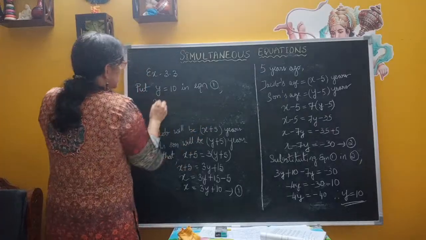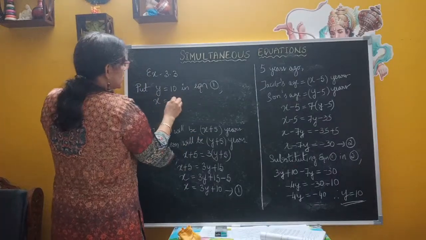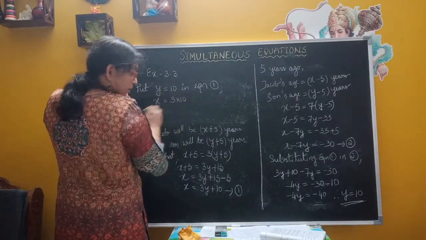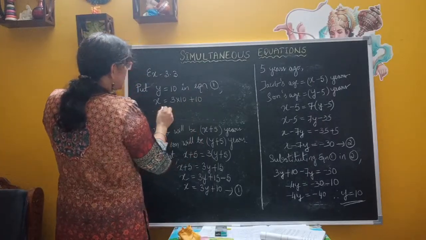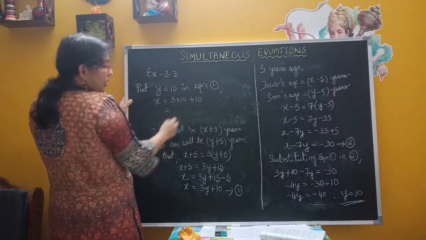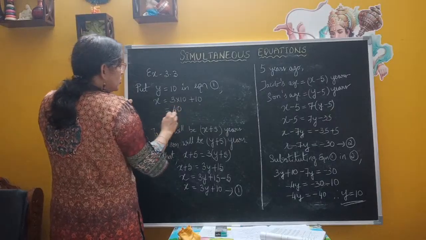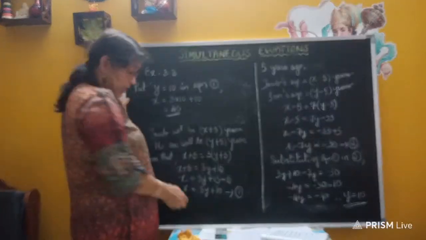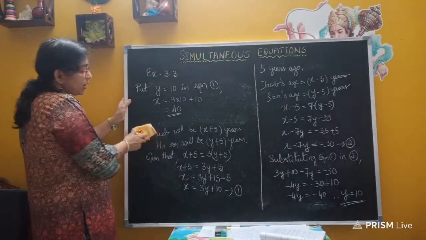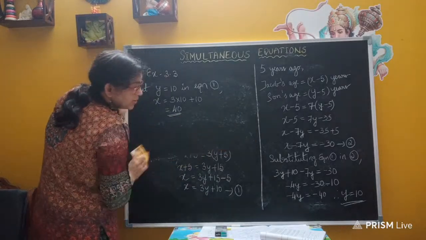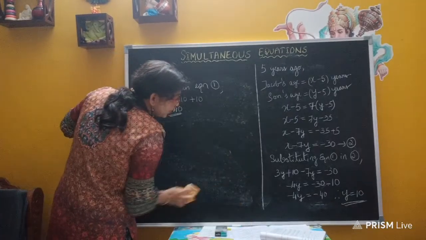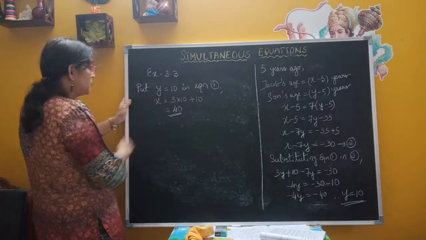We get x is equal to 3y, that is 3 into 10 plus 10. It is 30 plus 10, which is 40. So what is this 40? Jacob's age. So Jacob's age is 40 years and his son's age is 10 years. These are the present ages of these people.